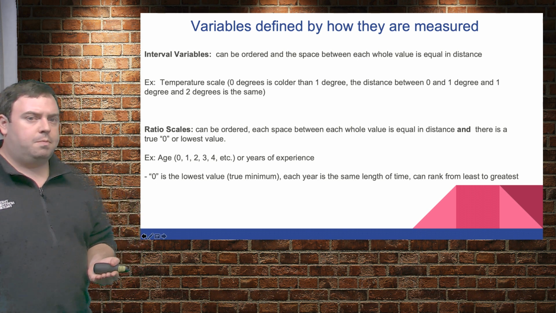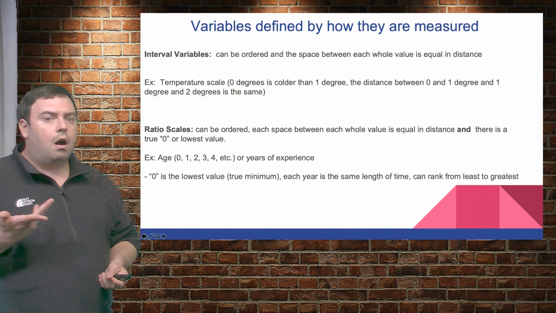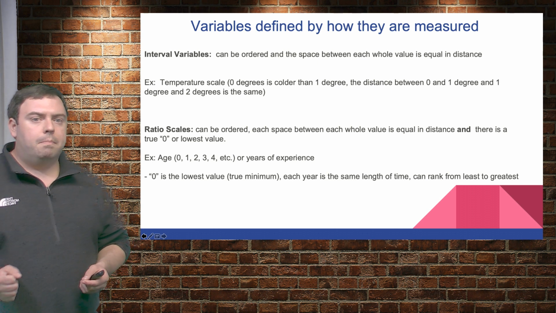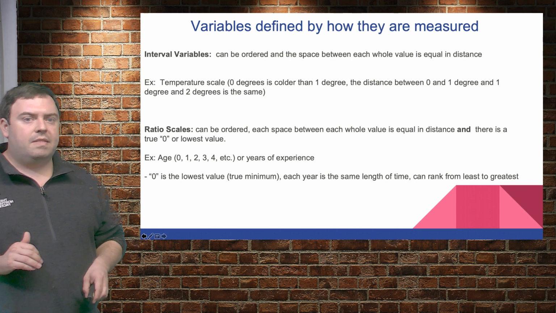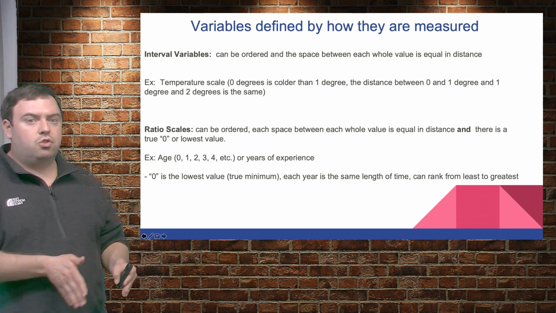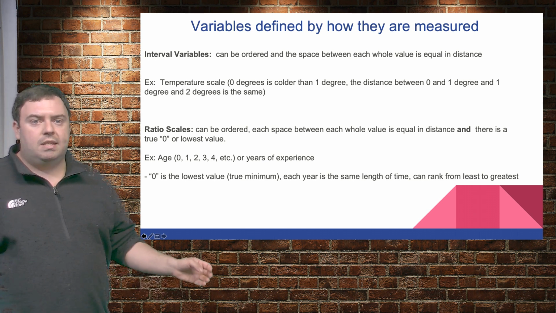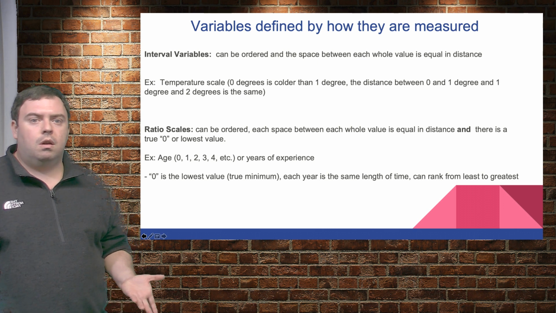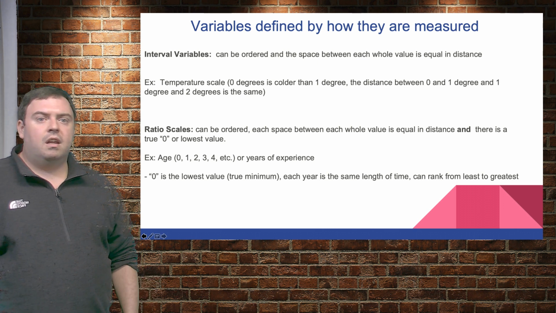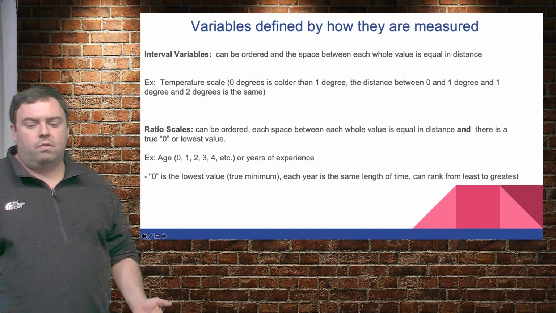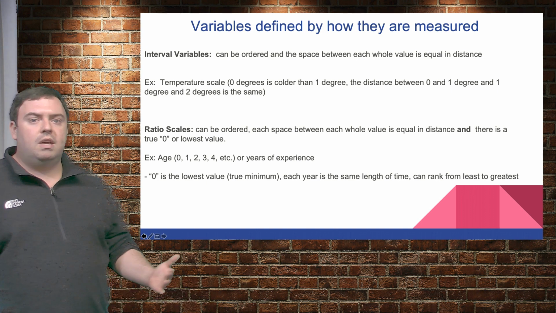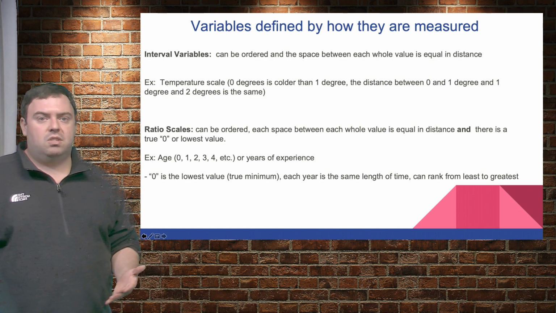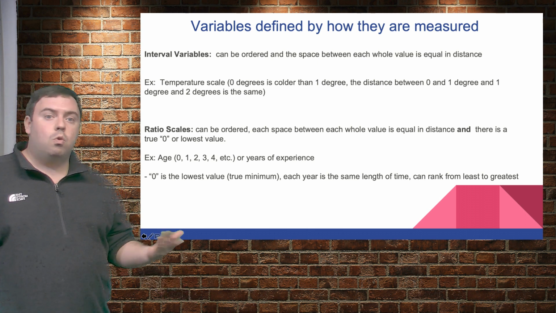And the reason why I gave that explanation is because interval variables are a form of ordinal variables, but what's special about them is that the space between each value, each rank, is going to be equal in distance. So a good example of this would be a temperature scale, either Celsius or Fahrenheit. On a temperature scale, we have lower temperatures versus higher temperatures, and we can rank temperatures from least to greatest, or colder to warmer.